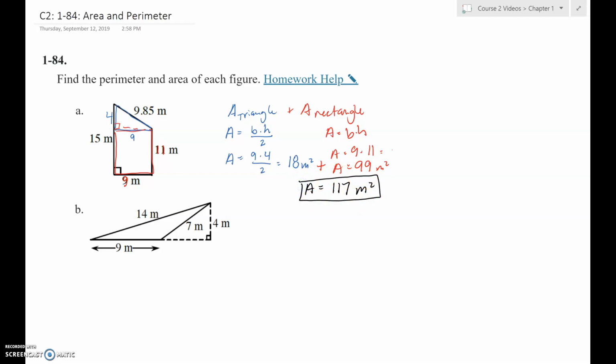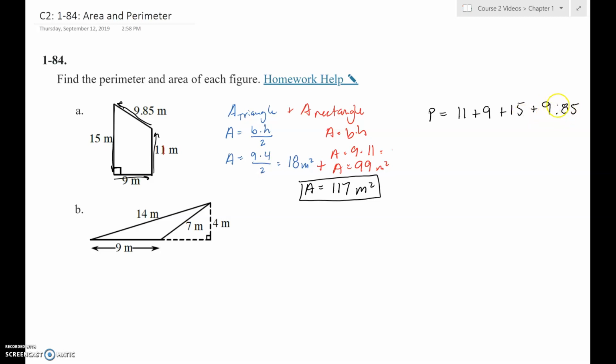That's the area. Perimeter of this shape, well, we just add up all of the side lengths. So we've got 11 plus 9 and 85/100ths plus 15 plus 9. So the perimeter is 11 plus 9, which is 20, plus 15, which is 35, plus almost a 10.